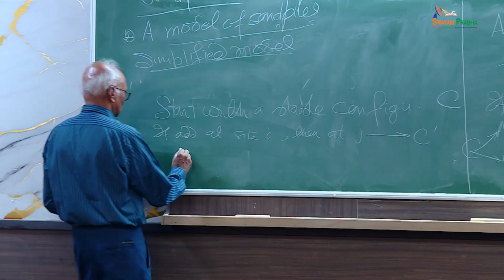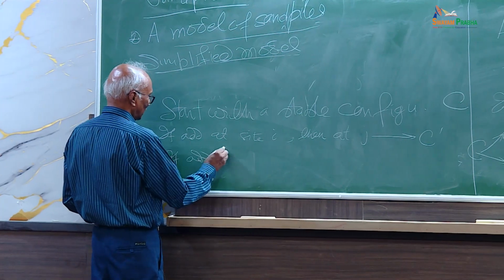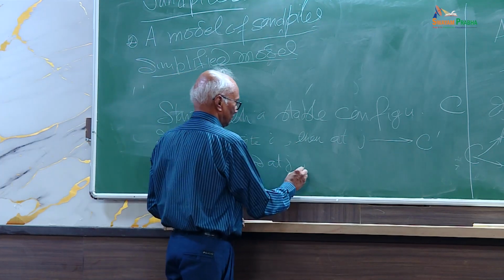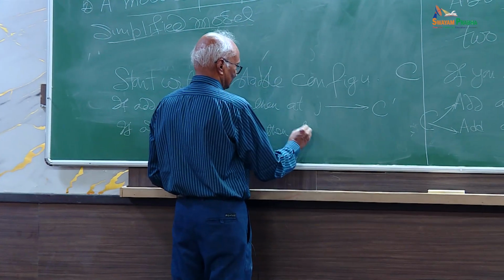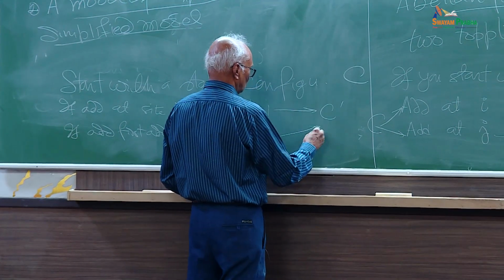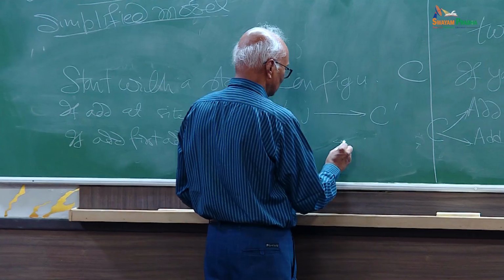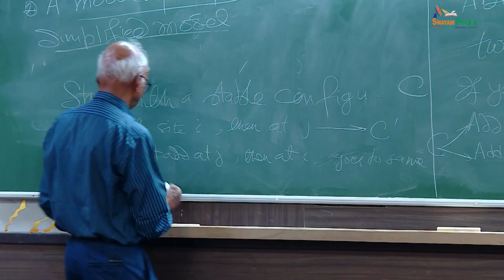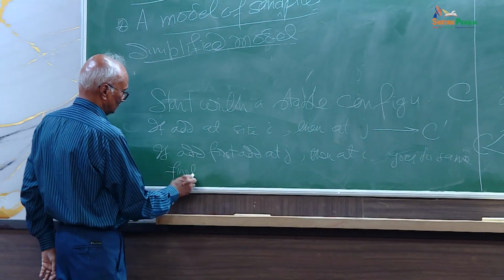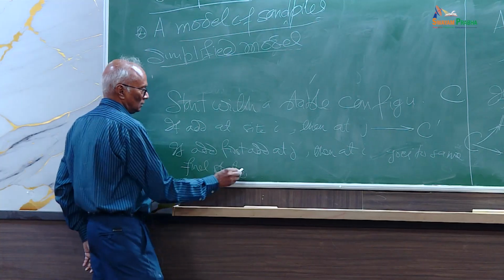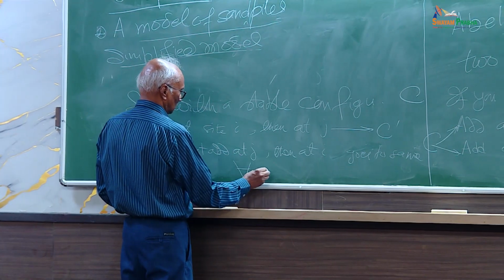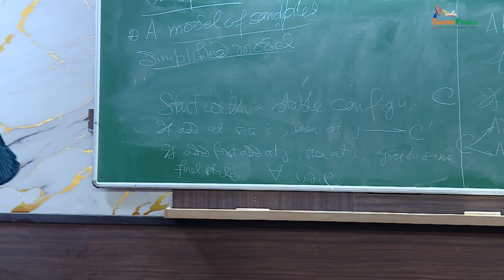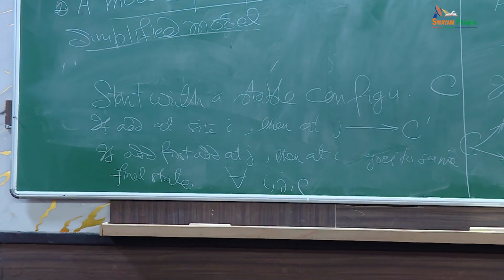If you first add at J, then at I, it still goes to C prime, the same answer, the same final state. Okay, and this is true for all I, J, C. Whatever initial configuration you pick, whatever site I you pick, whatever site J you pick, it will still be true.